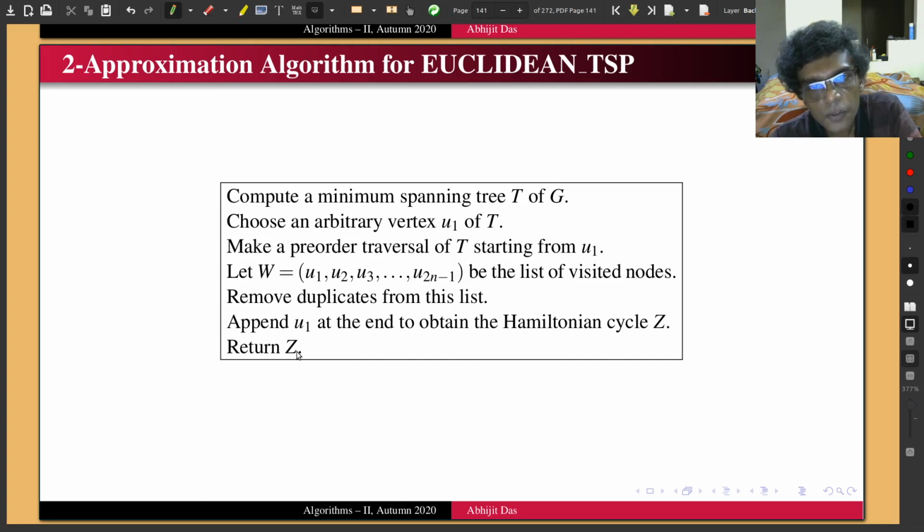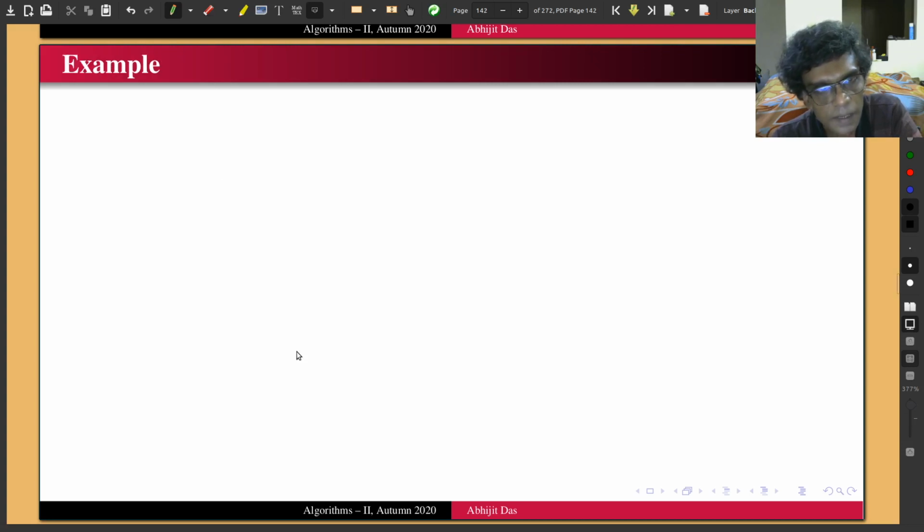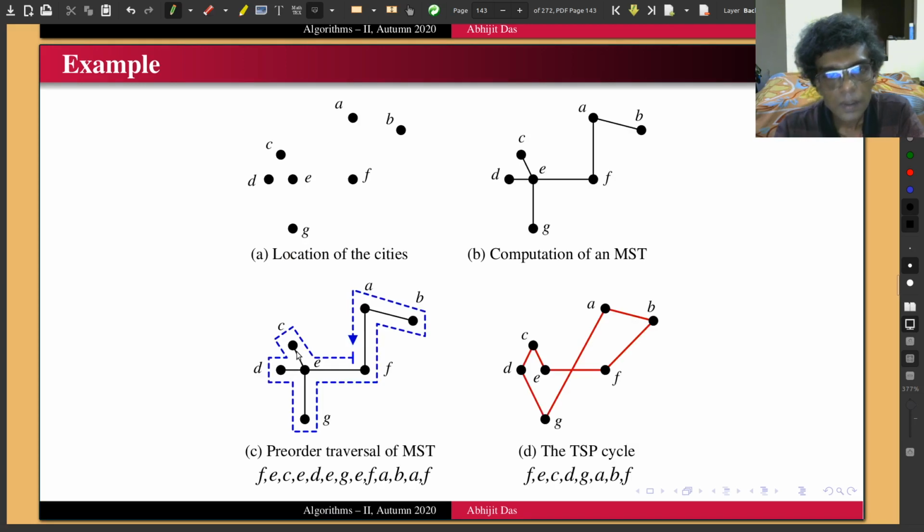So in order to see what exactly this algorithm means, I will take an example. Suppose A, B, C, D, E, G, F, these are the locations of the cities, and cost between pairs of cities is the Euclidean distance, like the CD, CE, EG, whatever the costs are.